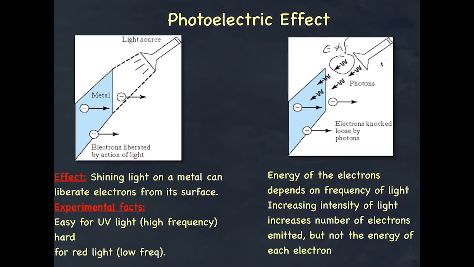What Albert Einstein also suggested is that there is a one-to-one relationship here, so that for every photon that arrives at the metal, one photon contributes to one electron. That actually explains Lenard's observations. Increasing the intensity basically means increasing the number of photons. That means an increasing number of electrons being released, and therefore an increasing current.